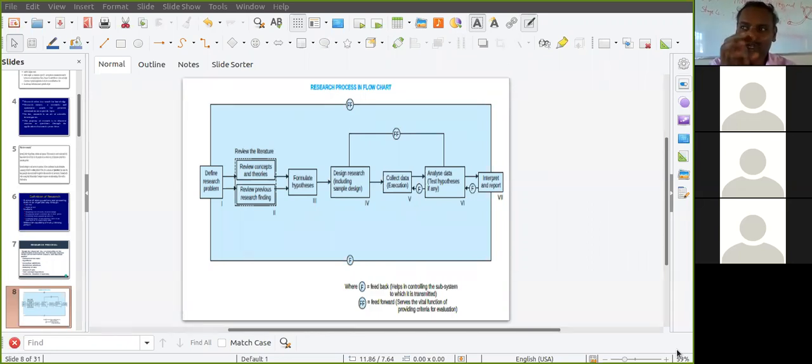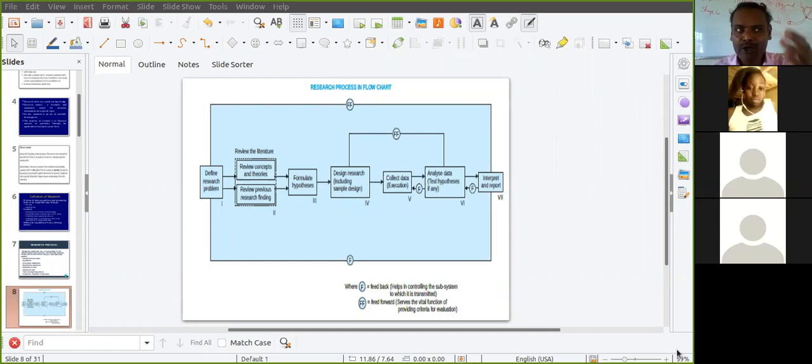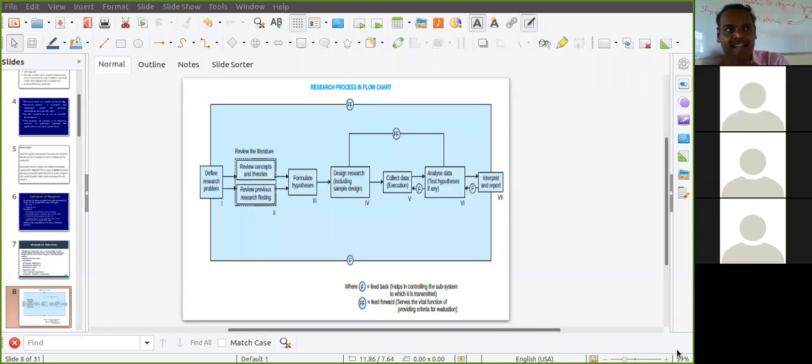Sometimes this fact is going to be right, sometimes it is going to be wrong. So initially you need to assume your hypothesis. After data collection and interpretation, you are going to say this hypothesis is right or wrong. So the third step is the formulation of hypothesis.